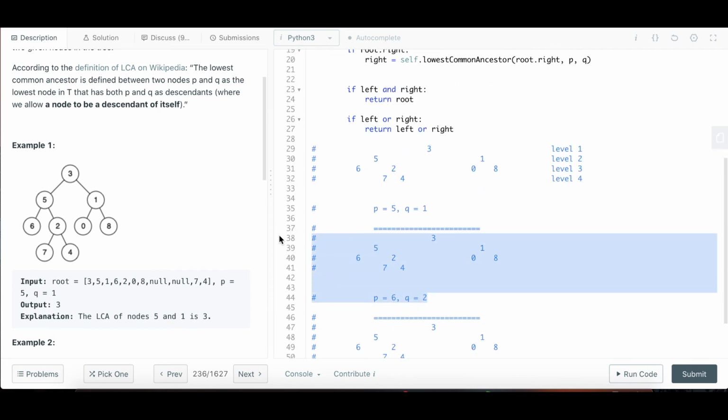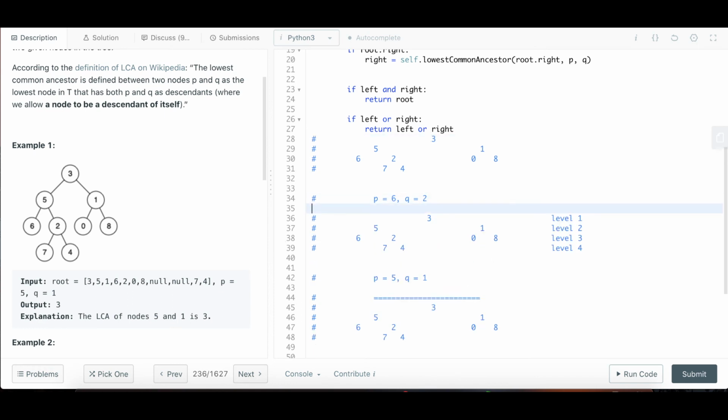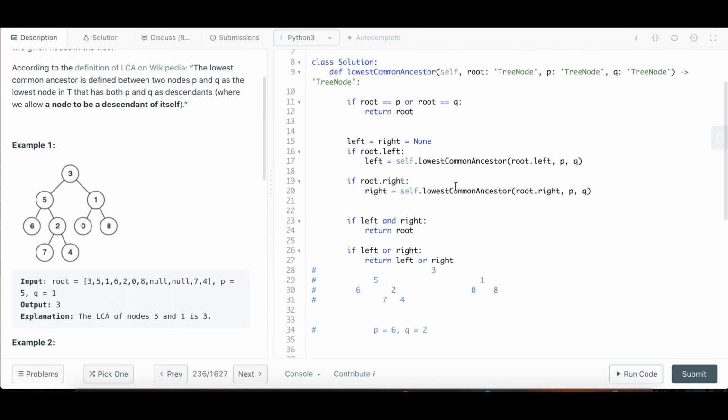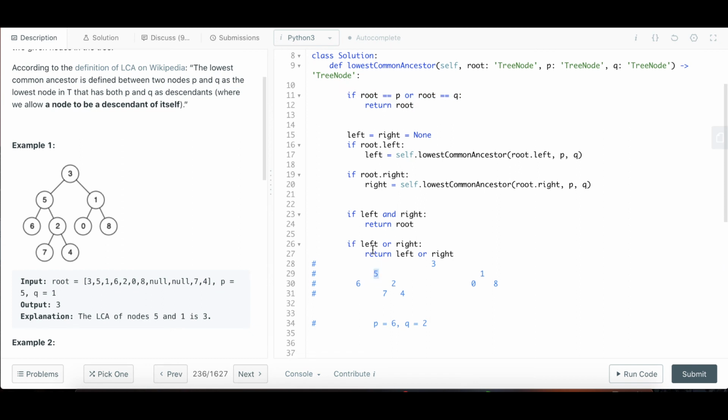Similarly, let me bring it up a little bit. Similarly, for this example, you start from 3 again, you go to the left subtree because this line doesn't get passed. You go to 5. Now your new root is 5. You do your left recursion, you get to 6.